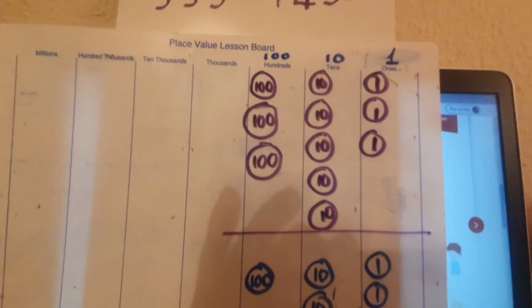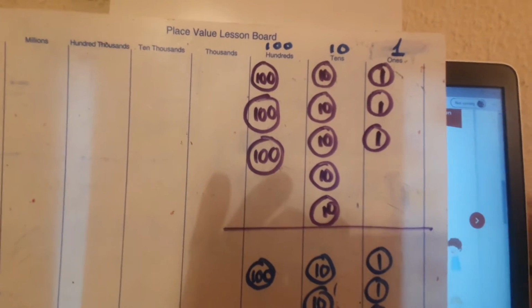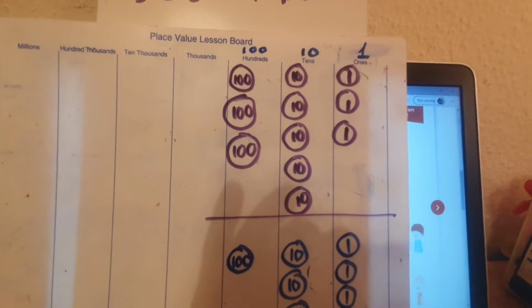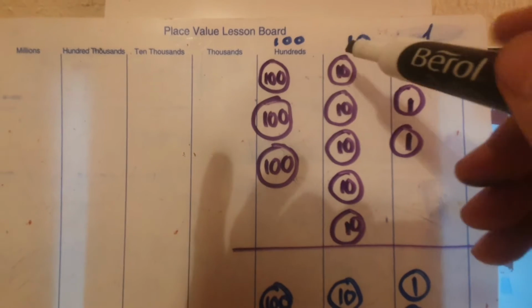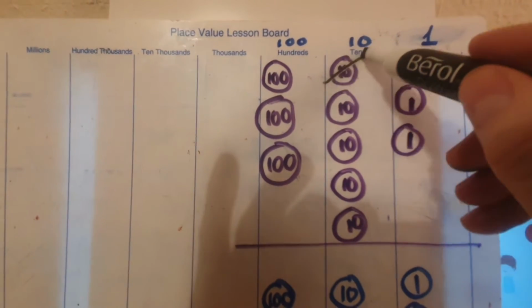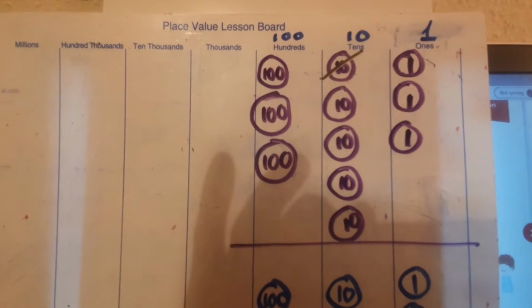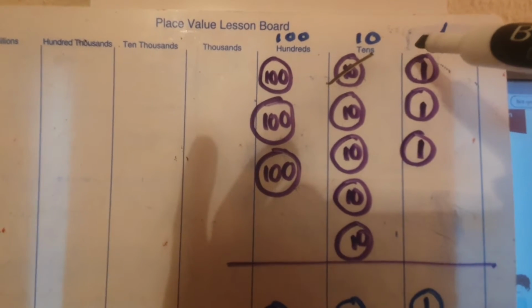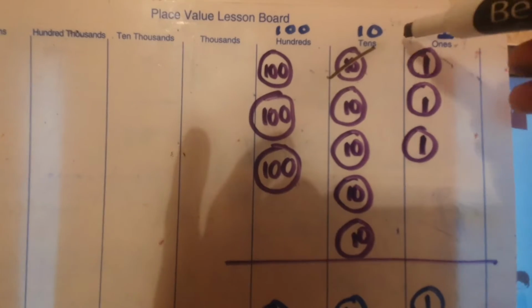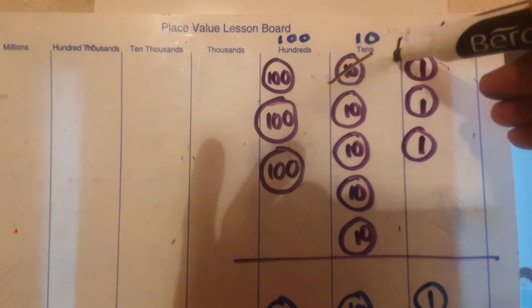So we've got to go next door, into our tens, and we've got to take a 10 away, and now that 10 will come over to here. So we're going to put that there.